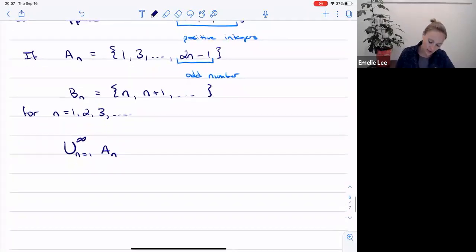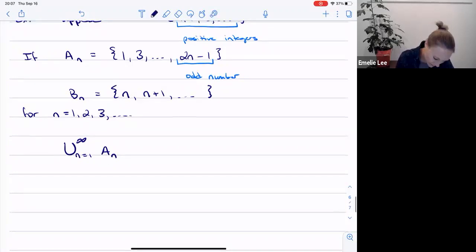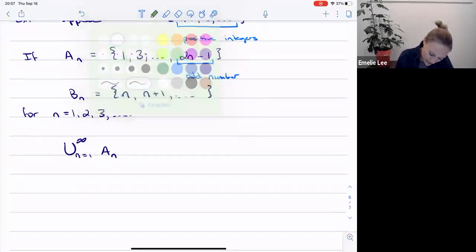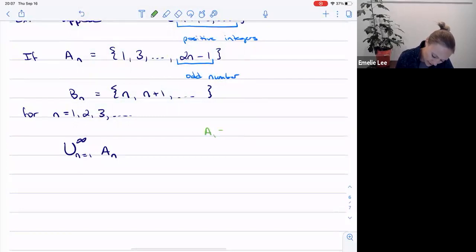I always find it helpful to map out a few of these. So A1, off to the side here, is the set where n equals 1.